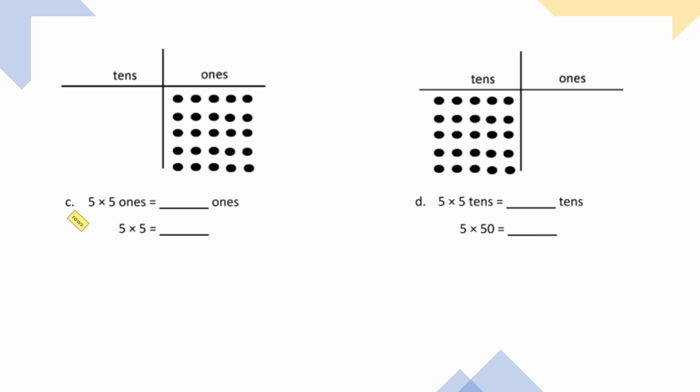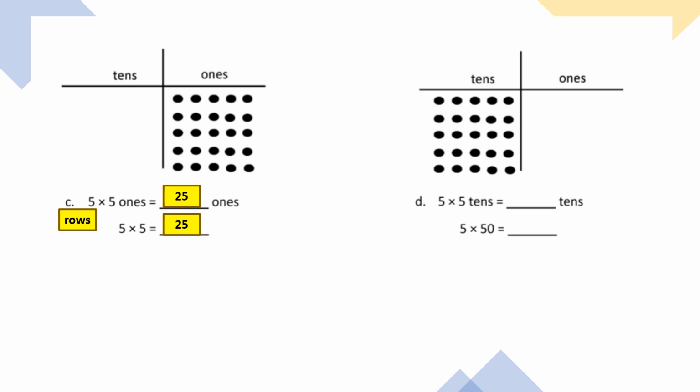So we have 5 rows of 5 ones, and when we counted it, we had a total of 25 ones. Now 5 rows of 5 ones is the same thing as saying 5 times 5. And because we just counted it, we know that 5 times 5 equals 25. We've completed number 2, letter C.